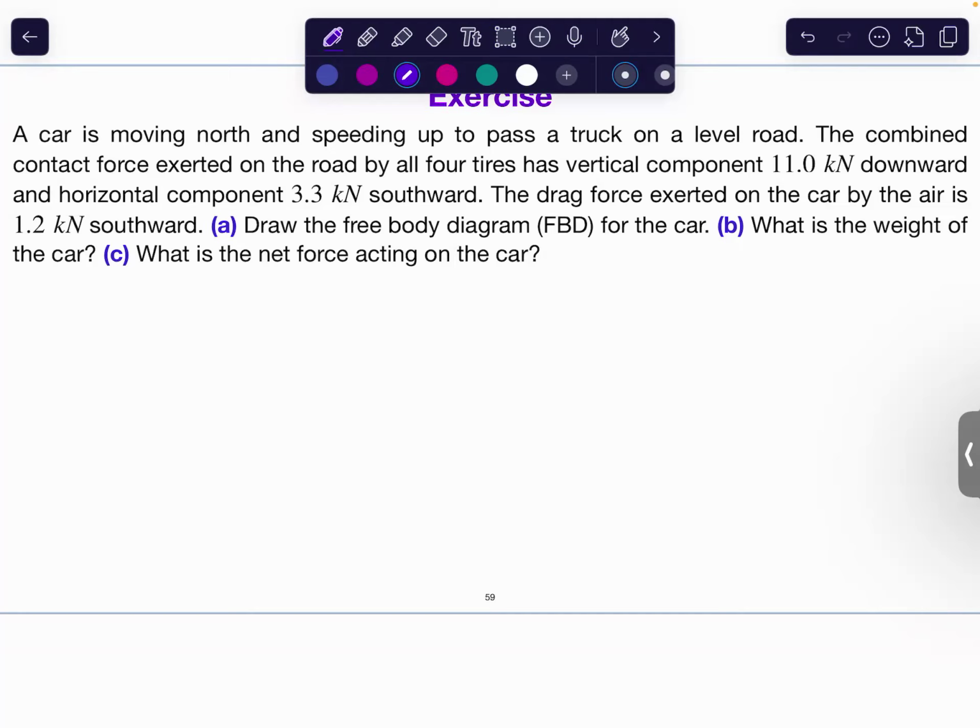Okay, so let's think about what happens when a wheel contacts the road. Okay, so we have our wheel. It is rotating. So at each individual point, you're going to have a vector.